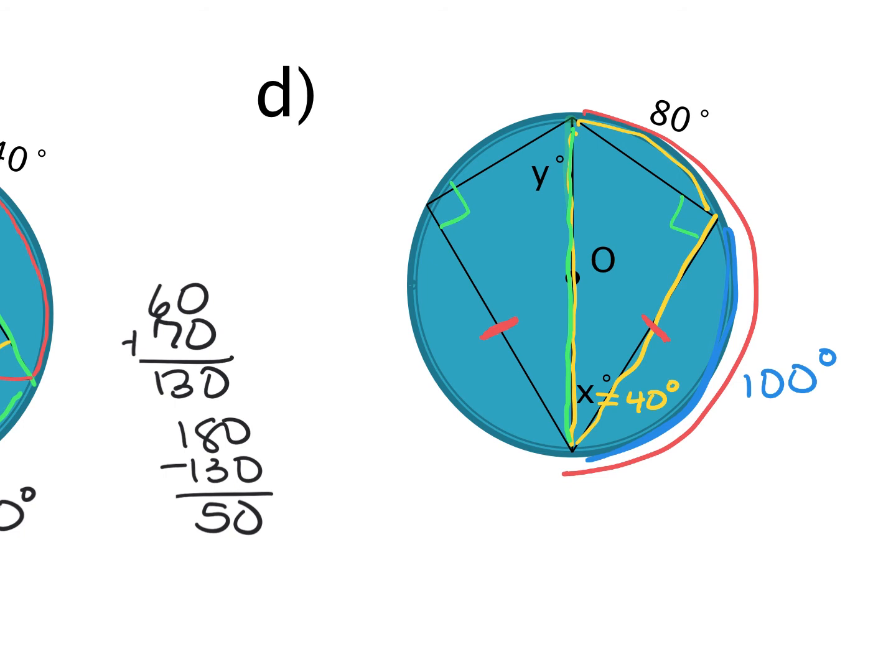Because I have 2 congruent chords, both of their intercepted arcs would be congruent, making this 100. And then making angle Y half of that intercepted arc, making angle Y 50 degrees. So here we were using our inscribed right triangle theorem and our congruent corresponding chords theorem to solve this.